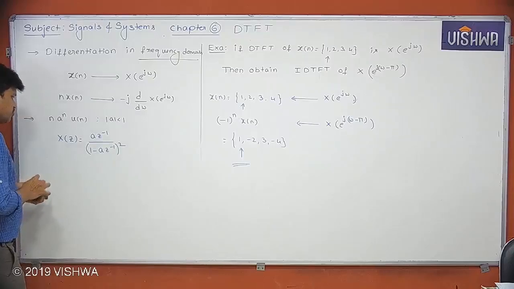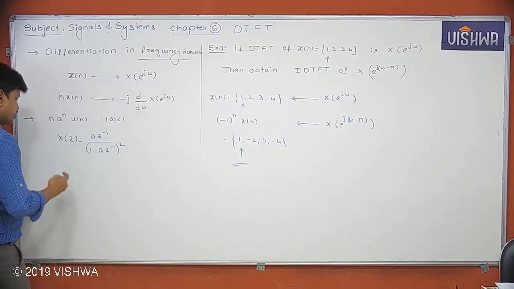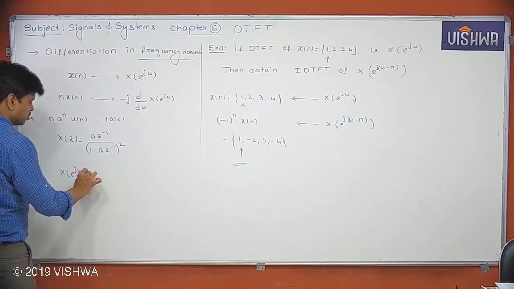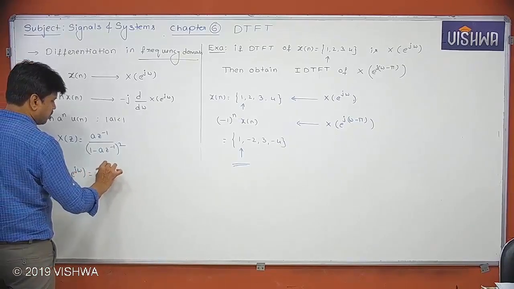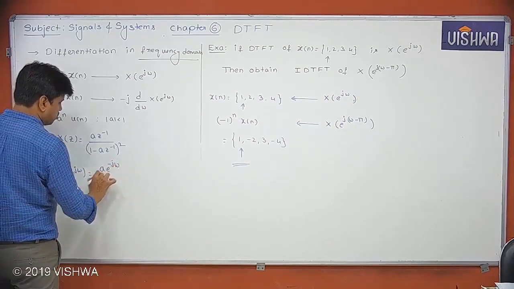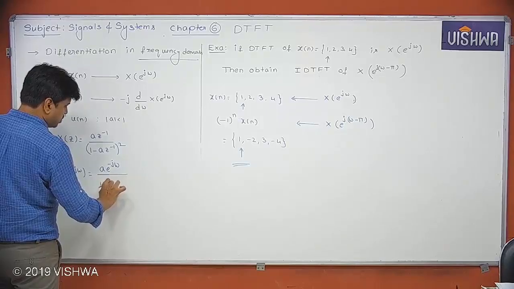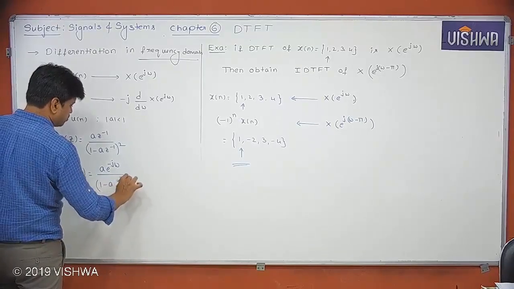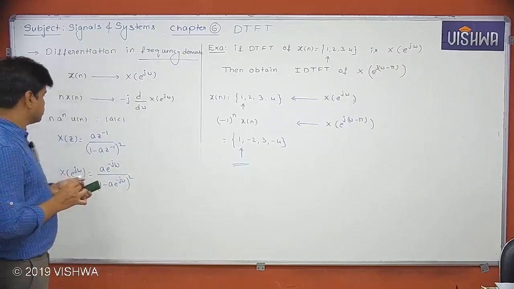If I know x of z, from this we can calculate x of e power j omega. X of e power j omega is equal to a e power minus j omega by (1 minus a e power minus j omega) whole square. There, take it.